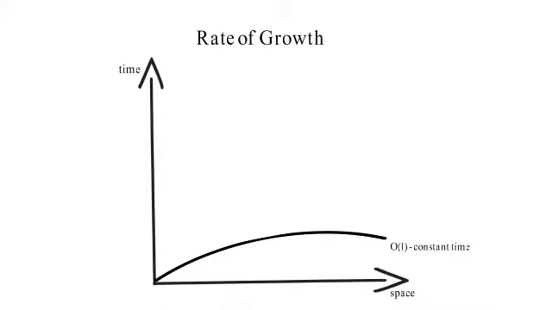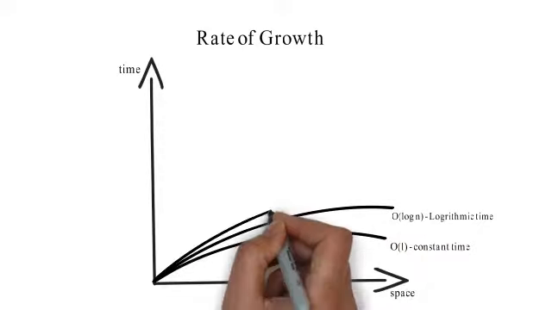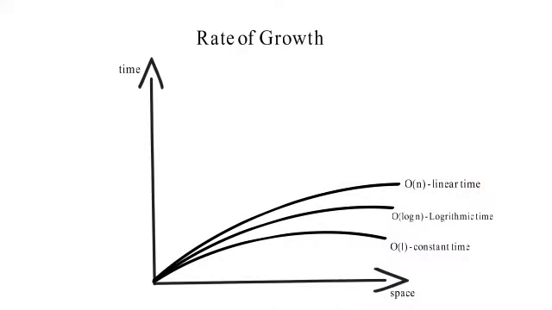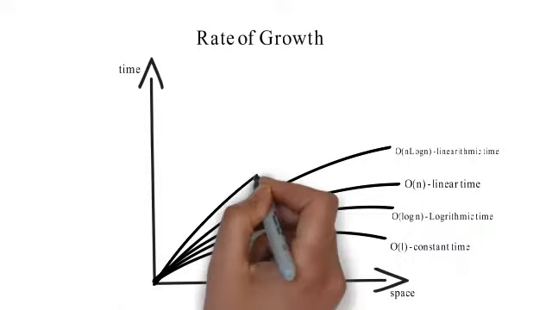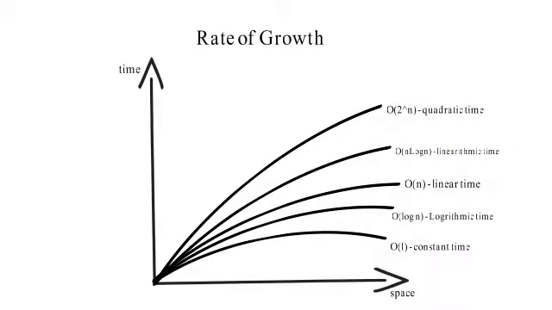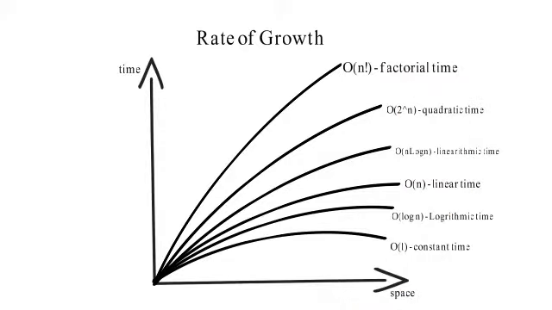There is a constant time function O(1), a logarithmic time O(log n), a linear time O(n), n log n linearithmic time, then quadratic time n squared, then 2 to the power n, the highest complexity value, n factorial time.